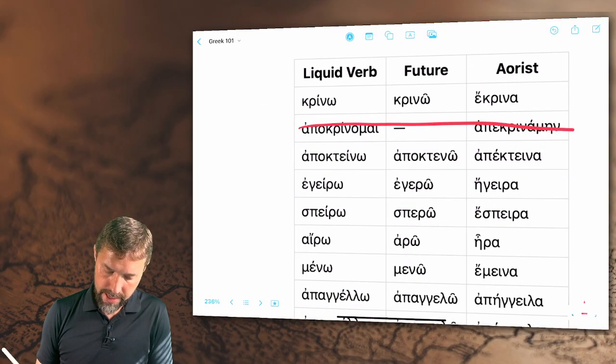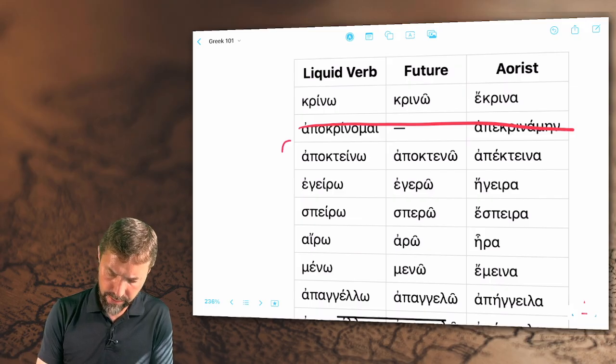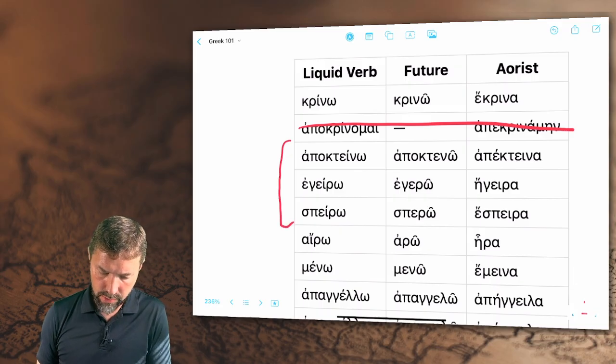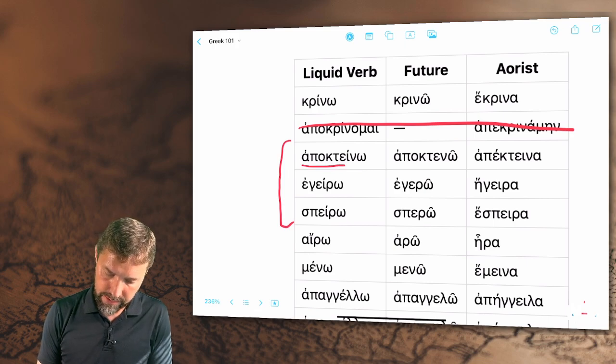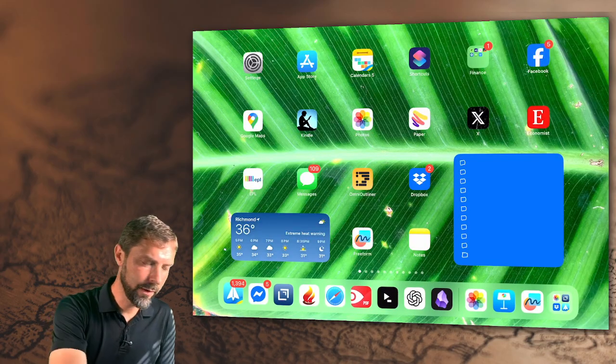Okay, the next group has some similarity, and that would be for each of the first three of these. These three work very similarly. The pattern being that I've got a stem, apoktano, apoktano, apoktano, where the epsilon iota that starts at the beginning has been replaced in the middle so that the future just has the iota missing.